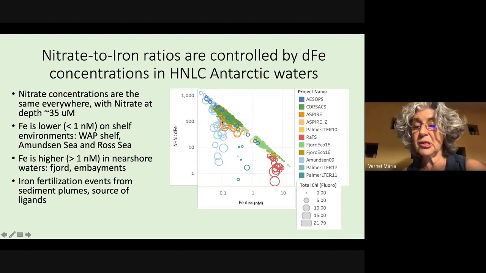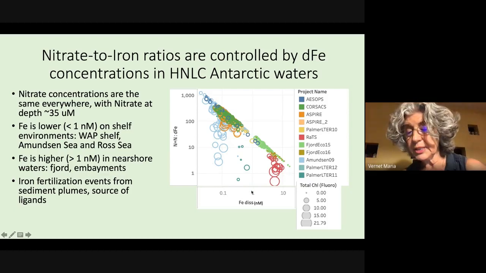And these exceptions are in the Amundsen Sea, in the West Antarctic Peninsula, and in Margaret Bay. And these are stations with lower ratio, meaning they're enriched in iron. And we think that these are locations of iron fertilization, different sources and things like that.